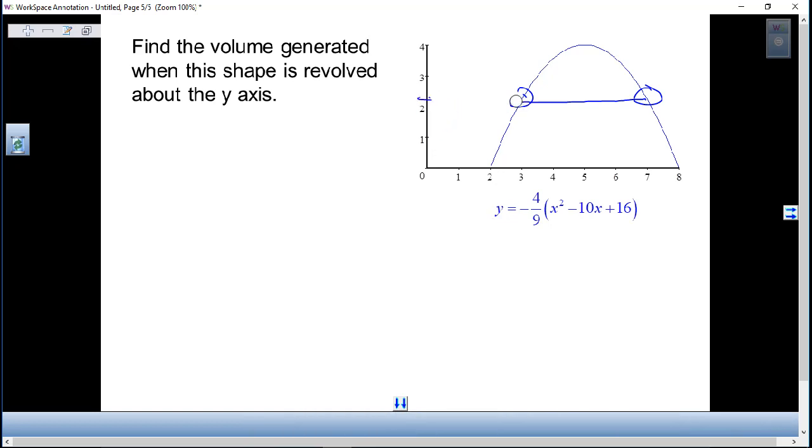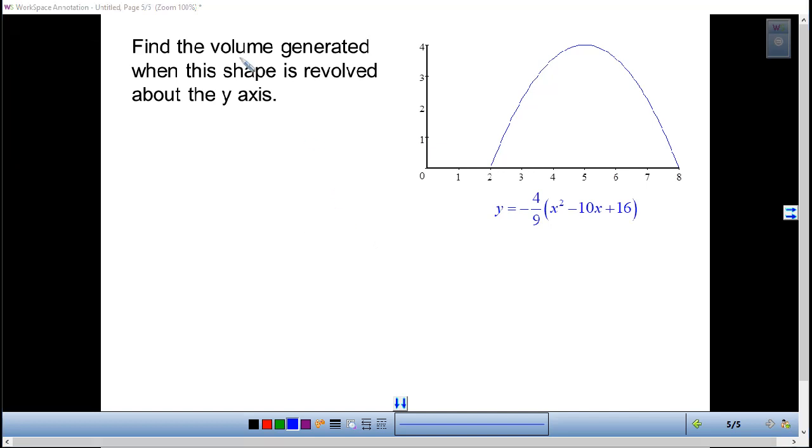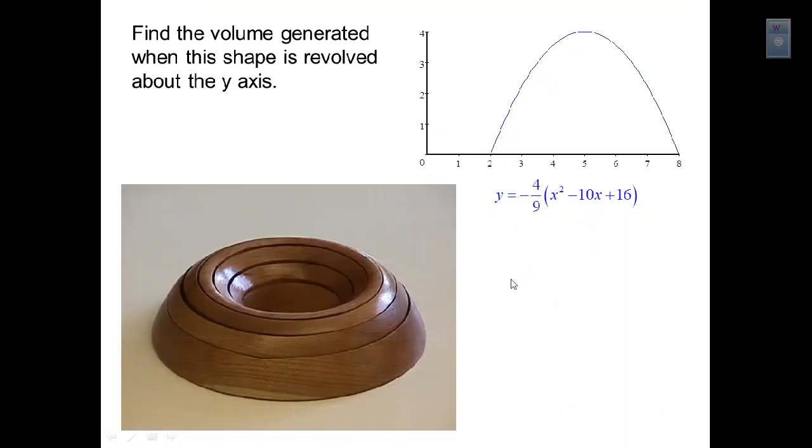So this is one of those that you can't actually do with the washer method. You have to do this one by the shell method. And it's going to kind of look like this when you get it done. There's even some shells there.